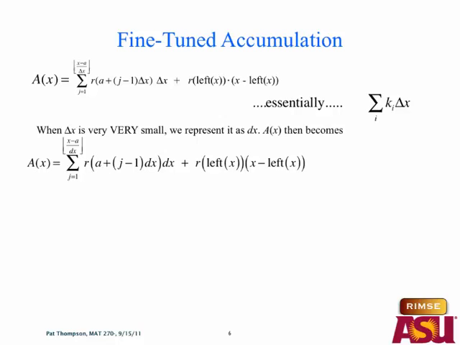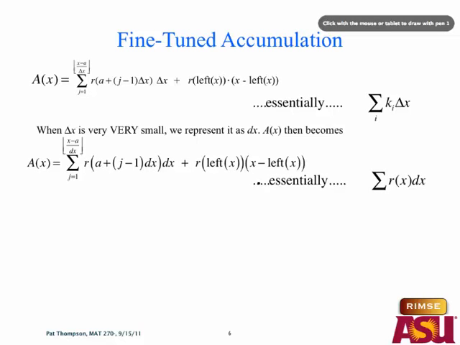So then what about this partial interval? When things get that small, what's the difference between the lengths of whole intervals and the lengths of partial intervals? There's really no difference, right? So we don't need the partial interval anymore because our intervals are so small anyway that a partial interval is also small.